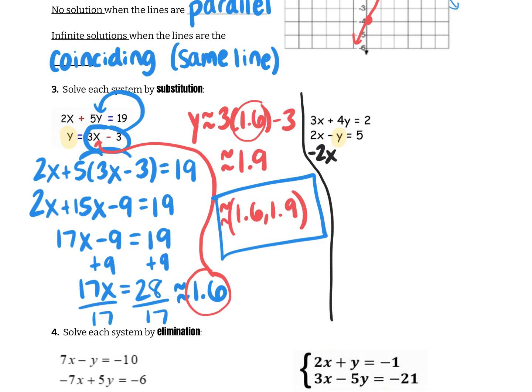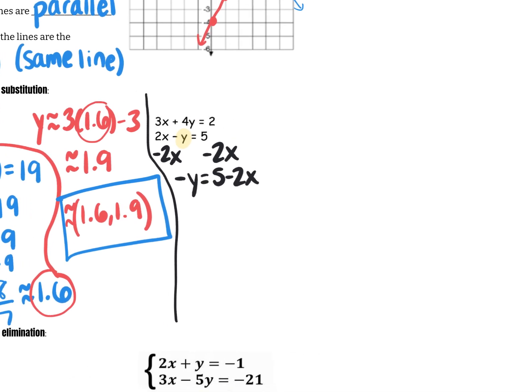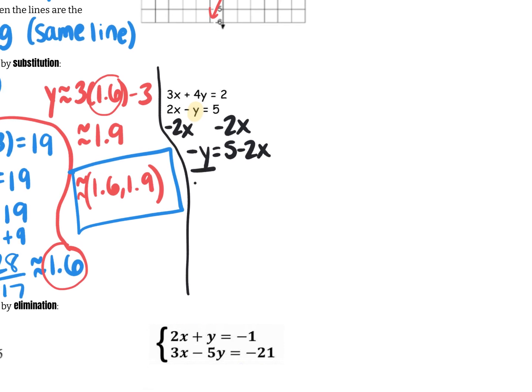So I'm going to minus 2x. So I get negative y equals 5 minus 2x, or negative 2x plus 5, whatever way you want to write it. Solve that for y, so divide by negative 1. You get y equals negative 5 plus 2x, because you're dividing by negative 1.